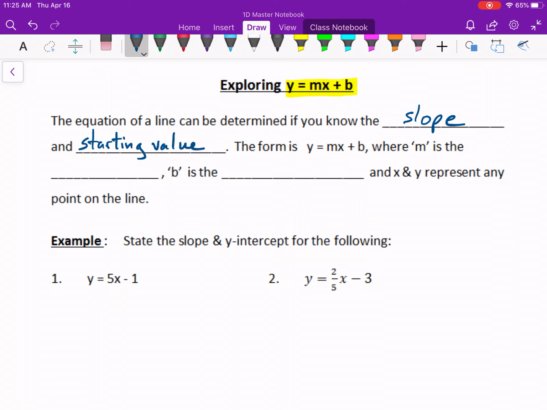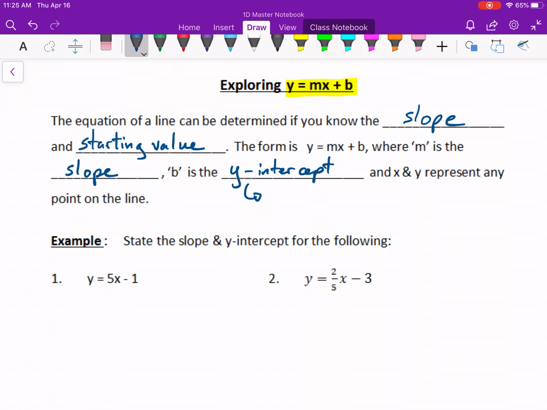The form is y equals mx plus b, where m is the slope. I already talked about this. And b is, in this case, I'm going to call it y-intercept. But y-intercept is just a graphing way of thinking about the starting value. Okay?